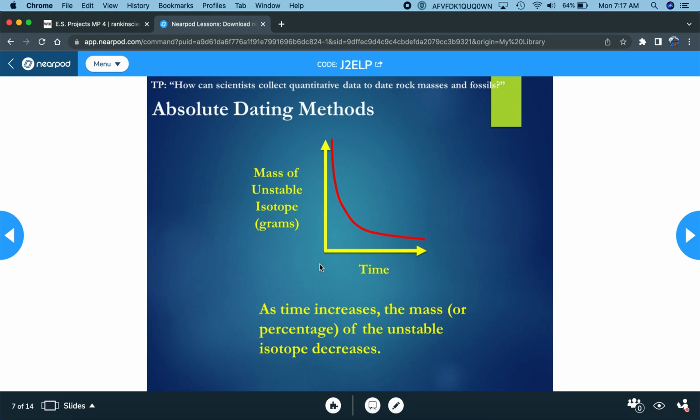So as time increases, because we always work on the x-axis, the mass of the unstable isotope decreases. Right? We learned this in lab number 4. This is considered an indirect relationship or an inverse relationship.